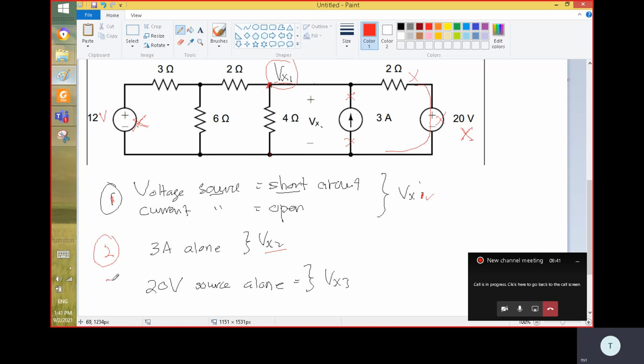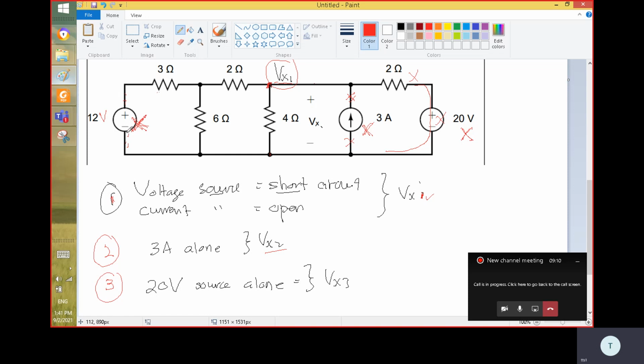And the third step here, you take away this voltage source, you take away this current source, and then you leave only the 20 volt here. You only keep this one, you remove this current source, you remove this voltage source, so this one is no more because this is open circuit here, no current.